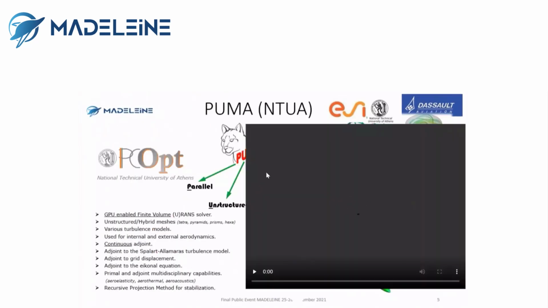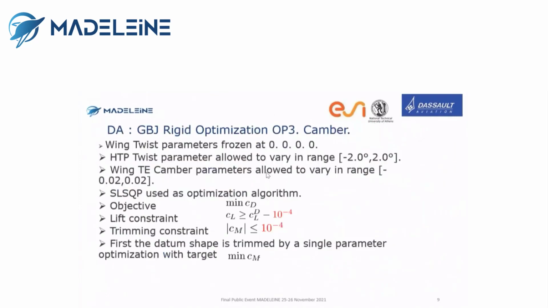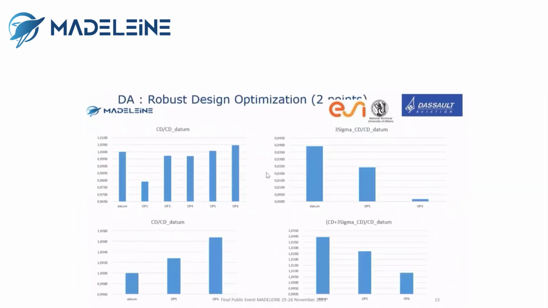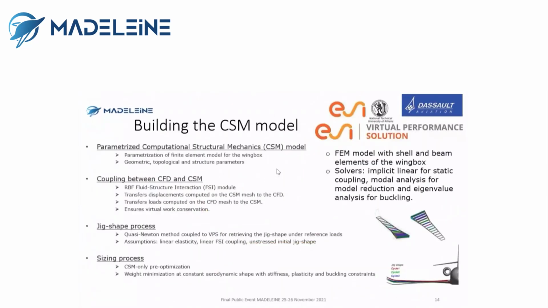The jig shape, not this one. Yes, for example, you can see here, if I have no flexibility of the wing, you have mainly a Z effect, but you also have an effect in X direction.